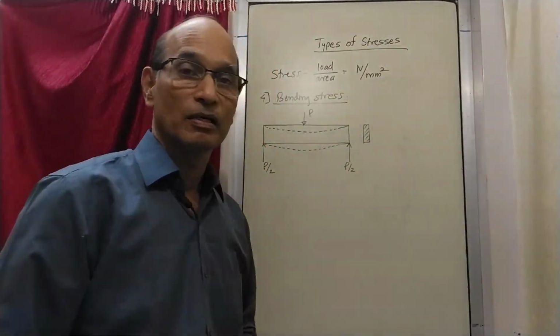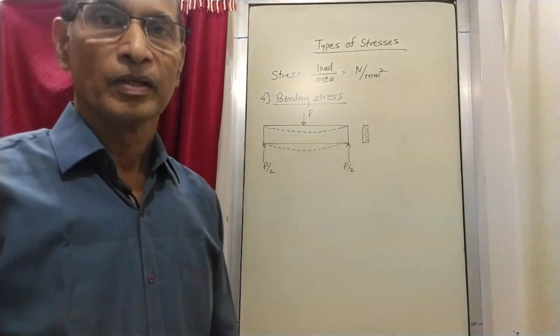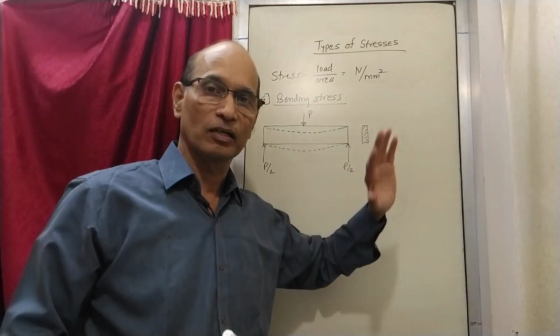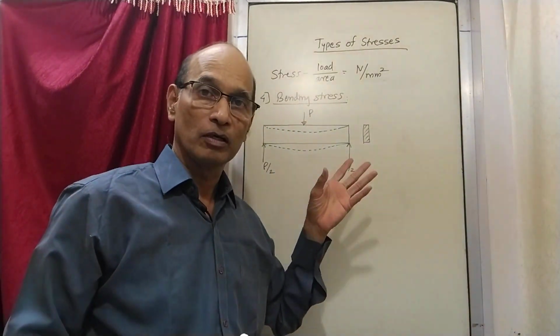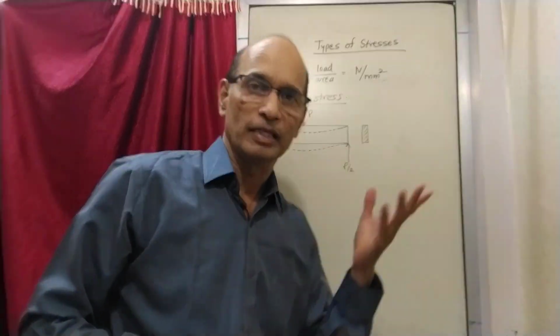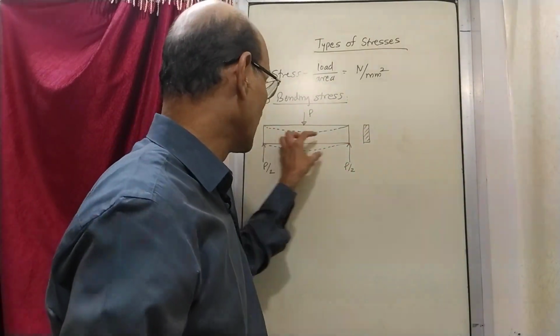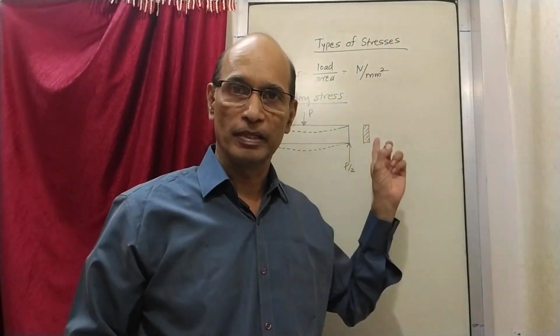There will be stresses which are developed into this beam across the cross section. Now stresses developed means what? We have already seen stresses earlier, tensile stress and compressive stress. Now which of the stresses are developed in this? Can you find out of the stresses which we have seen, tensile and compressive, what kind of stress will develop here when it is bent like this? Whether there will be tensile stress in that or there will be compressive stress in that.